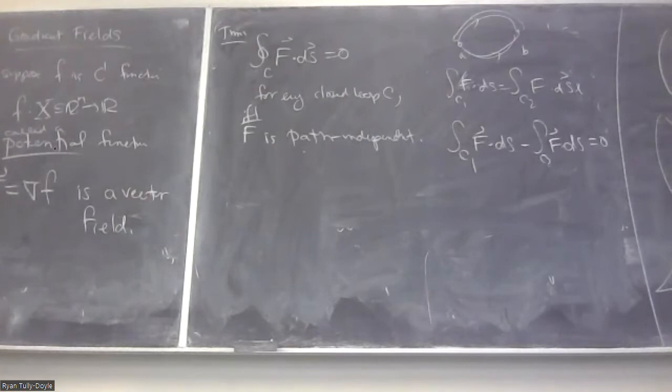Okay. So we're just thinking about f as a scalar function, a scalar map. If we're in a problem where we take its gradient to get the related vector field, we call it a potential function, and the gradient field that comes from it is just the gradient of the potential. So F is called the vector field or a gradient field.